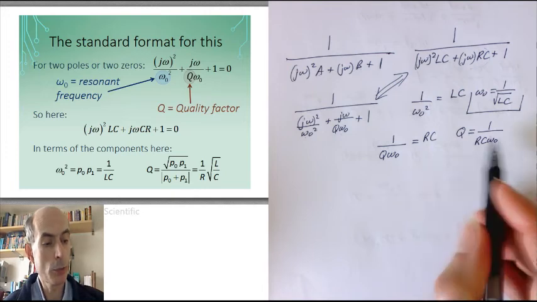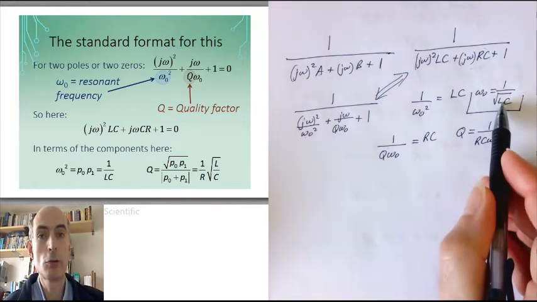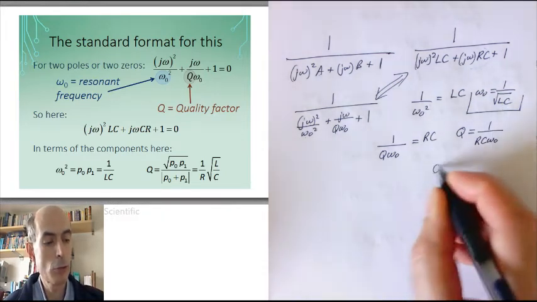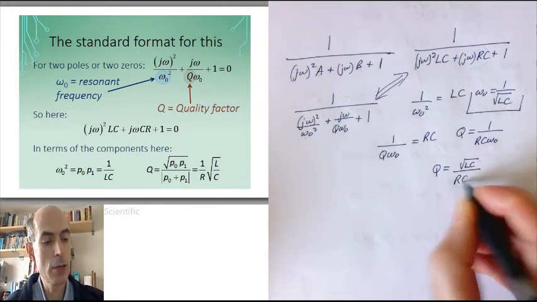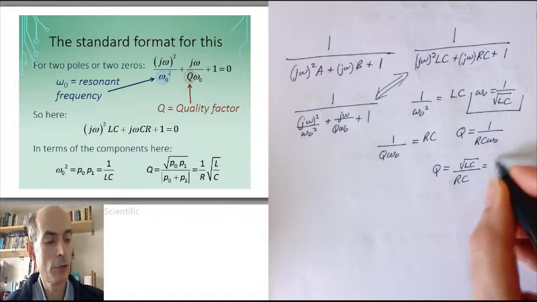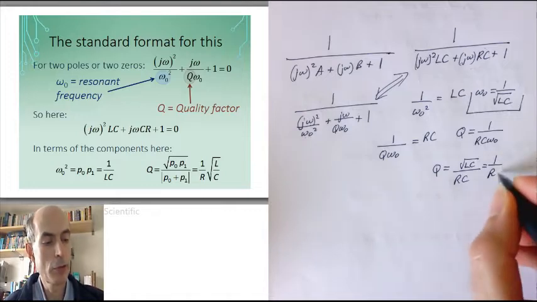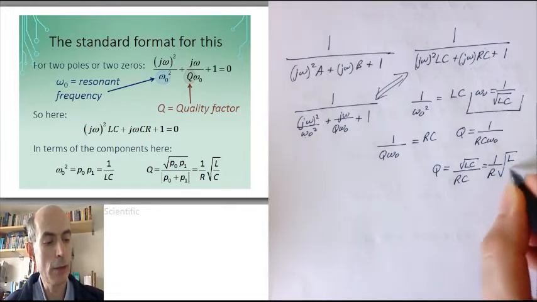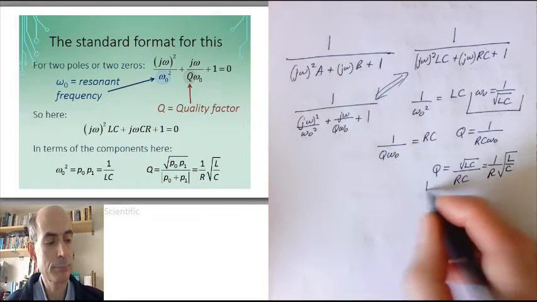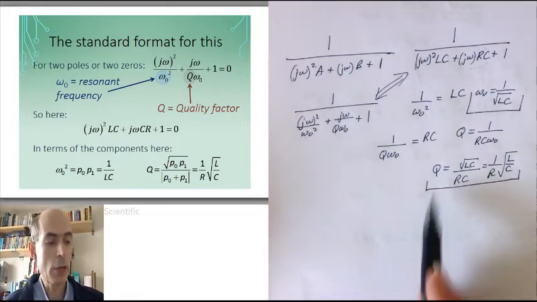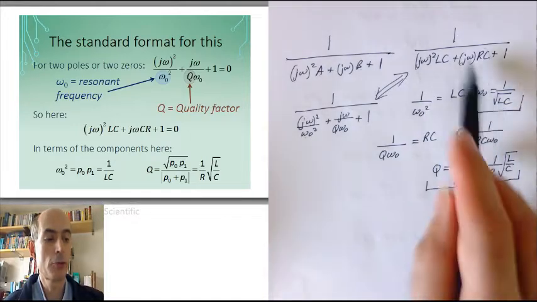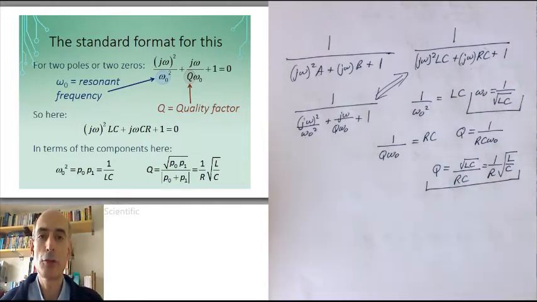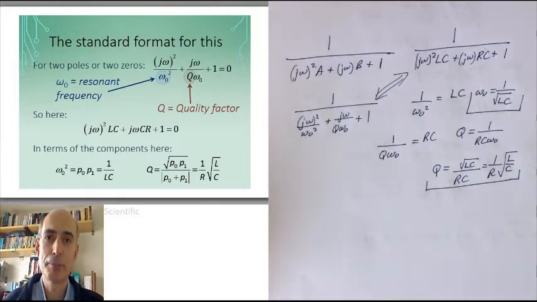We've already worked out that omega naught is 1 over the square root of LC, and therefore Q must be the square root of LC over RC, which is usually written in the slightly simpler form 1 over R times the square root of L over C. And that's got our Q factor and our resonant frequency in terms of the parameters of our circuit without having to solve any quadratic equations.